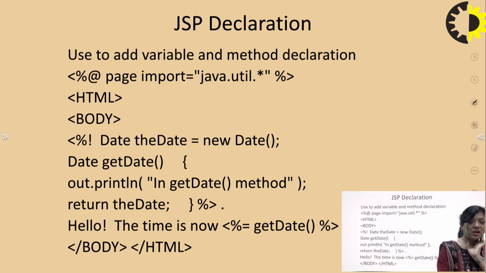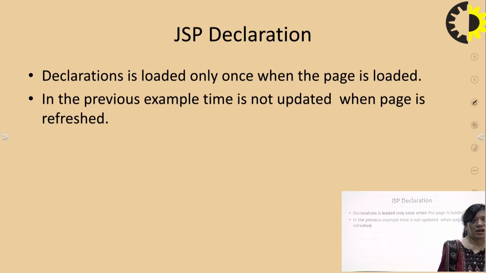Suppose here I want to print the date and time. So here I have created a new object of date via the new keyword, and the function name is getDate. In getDate we will return today's date, and if we want to print the time, we will make another function that is getTime. The declaration is loaded only once, when the page is loaded.